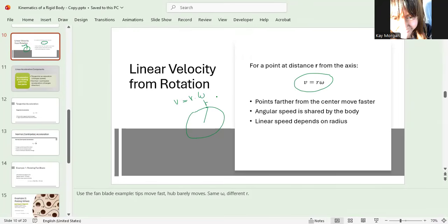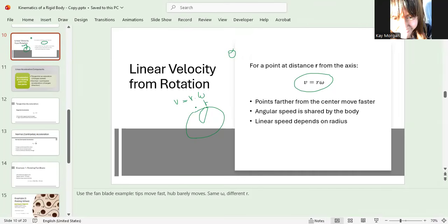That point is this distance away from the center. Do not confuse R with the radians we talked about. R is just a distance, so radians and R are totally different things. Your R is the distance from here to here. So V equals R times omega is your linear velocity.